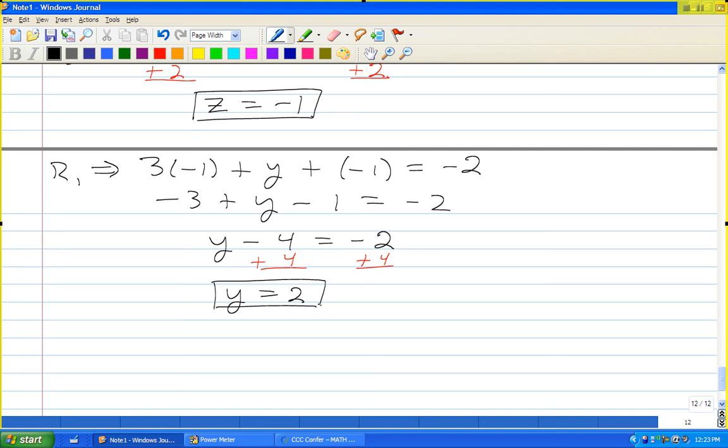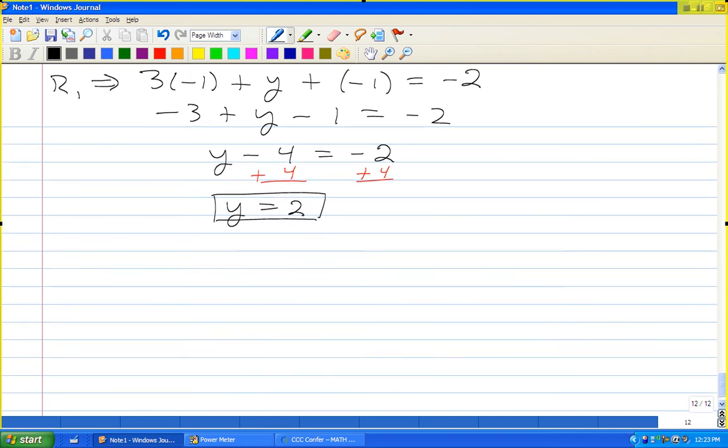Okay. Let's do problem number 9. So I have y minus 2z is negative 8.